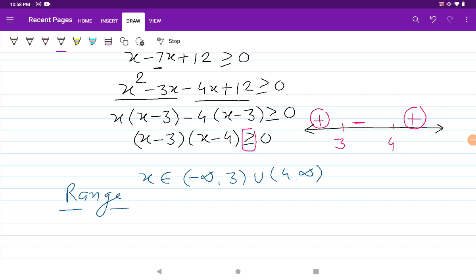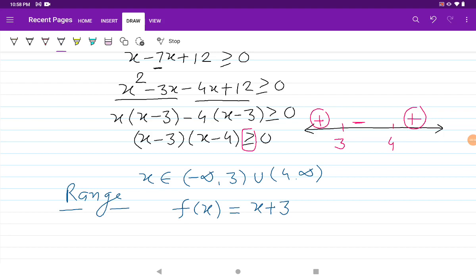Range means the values of f(x) for which x is defined. Suppose, taking a very basic example, f(x) = x + 3. If I ask you what is the range of this function, we have to find the values of f(x) for which x is defined.